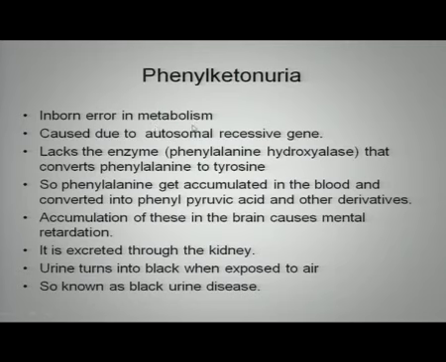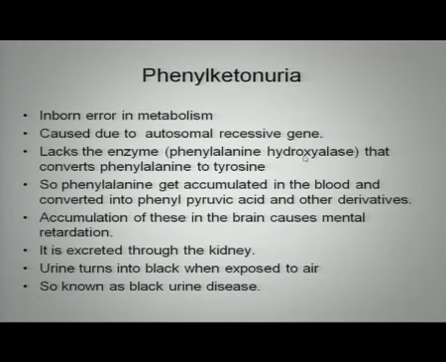So, it is caused due to an autosomal recessive mutant allele. Due to the presence of this recessive mutant allele, there is a lack of production of an enzyme. Name of the enzyme is phenylalanine hydroxylase.